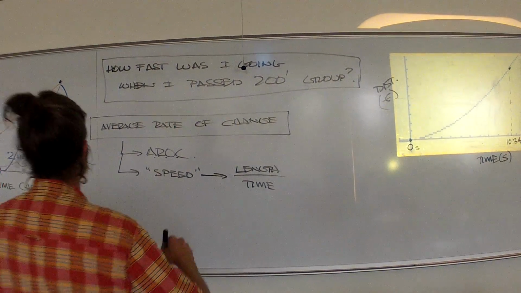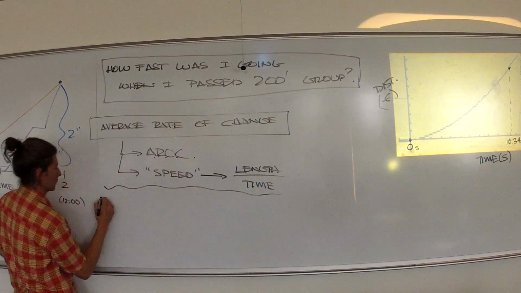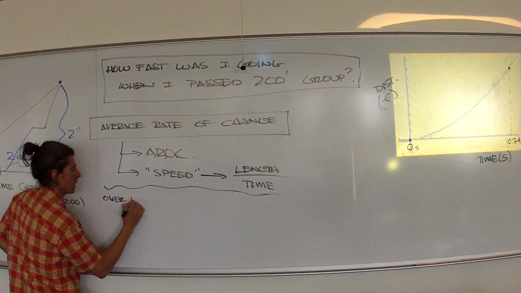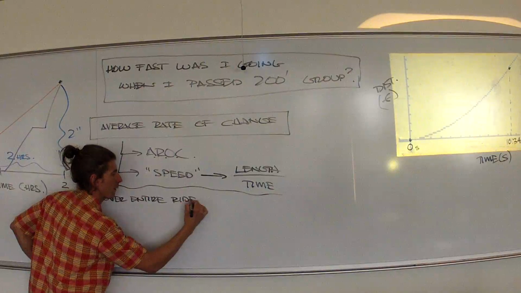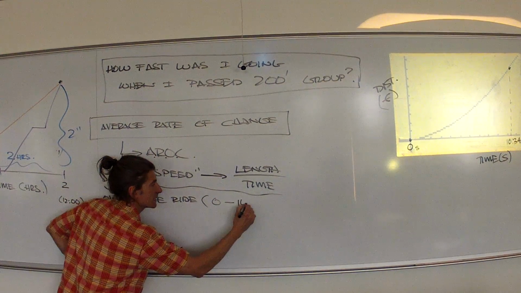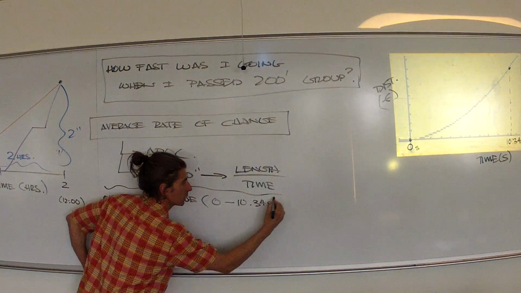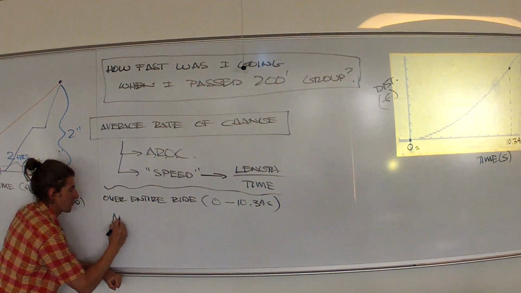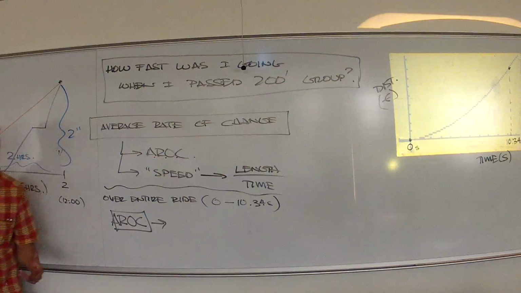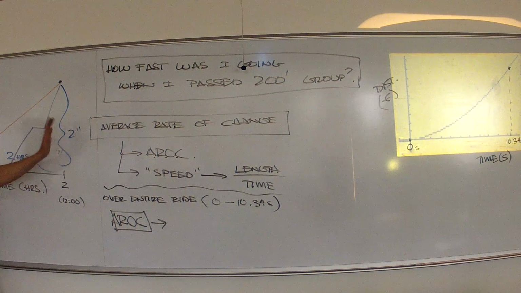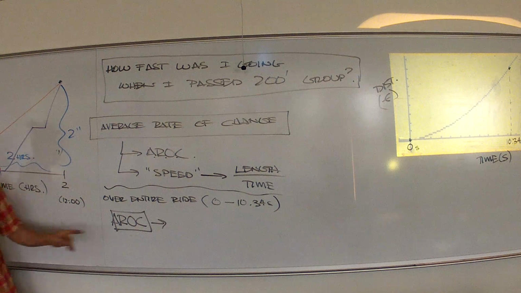So, over the entire ride, and that's from 0 to 10.34 seconds, what's my average rate of change? Or my speed, or my average speed. This can be called all kinds of different things, but average rate of change is kind of a nice formal title for it.